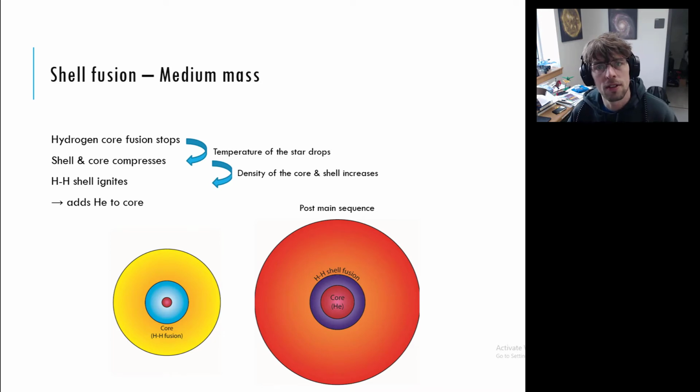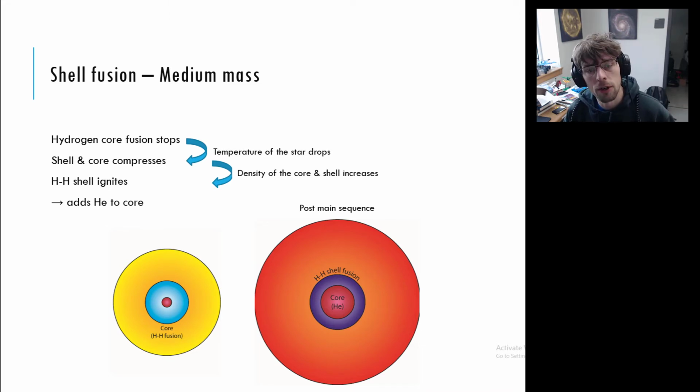I've already mentioned this, but for the sun, when the sun hits the hydrogen-hydrogen shell fusion stage, it will expand out to roughly the orbit of Mars, 1.5 astronomical units.